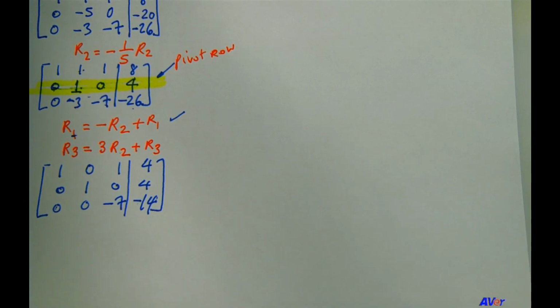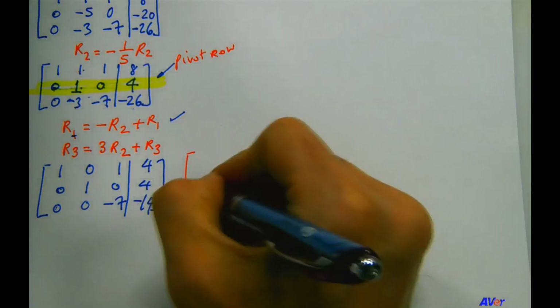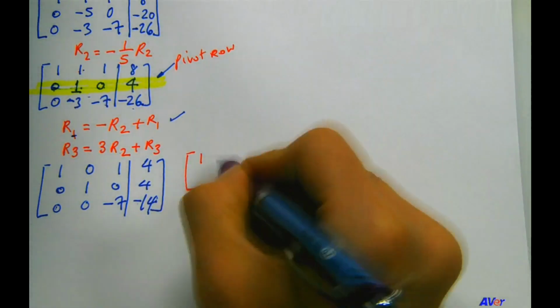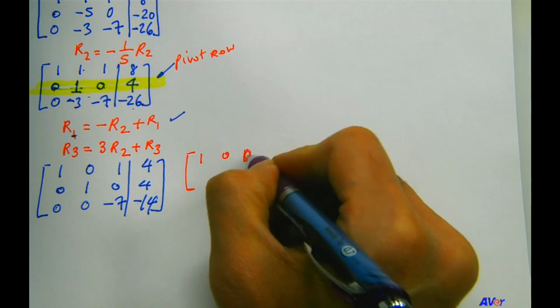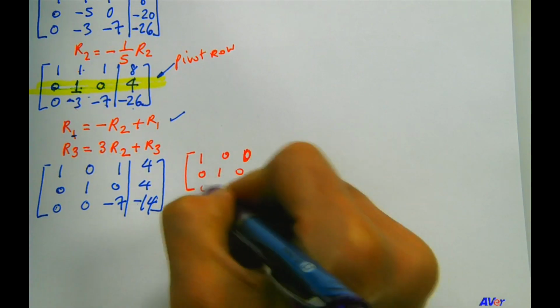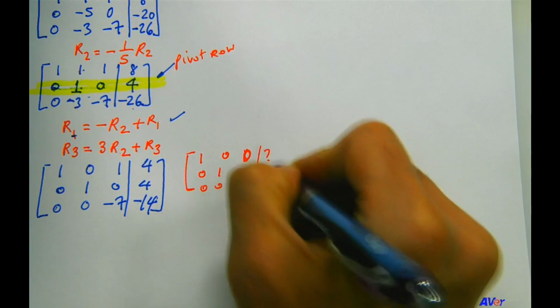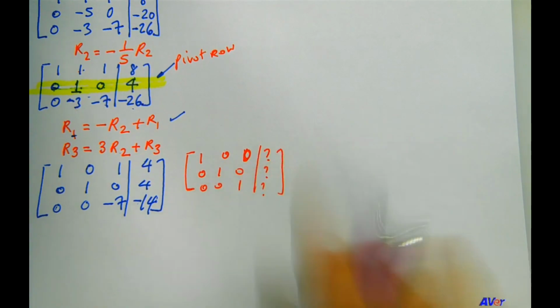Okay, so now, since it's off the screen, let me write this again here so you can look at it. This is the reduced row echelon form. Okay, so you have it here now.